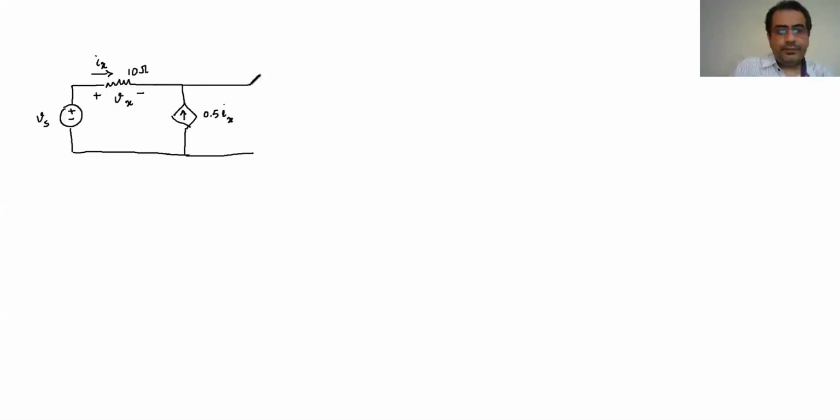And then I have another resistance here, with Iy going through it. It's positive, negative, a 15 volt, and it is 5 ohm. So assume I have this circuit and I want to analyze it. That's all I have.